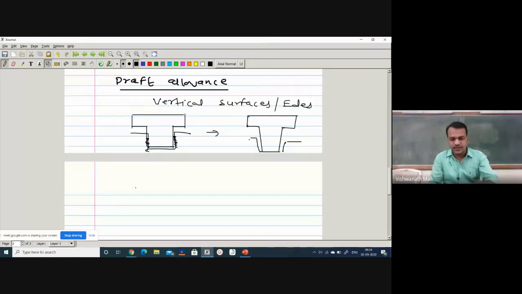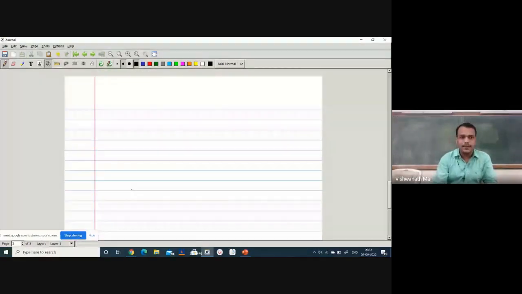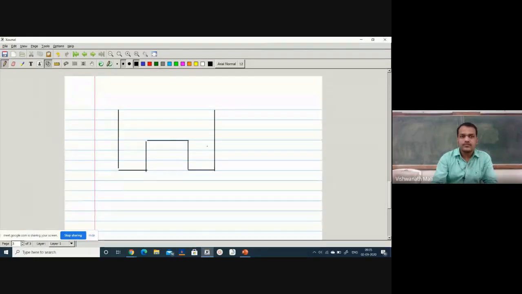Now here what we need to take care of: suppose this is the workpiece which we want to manufacture, and here we need to provide the draft allowance. So how will we give the draft allowance?